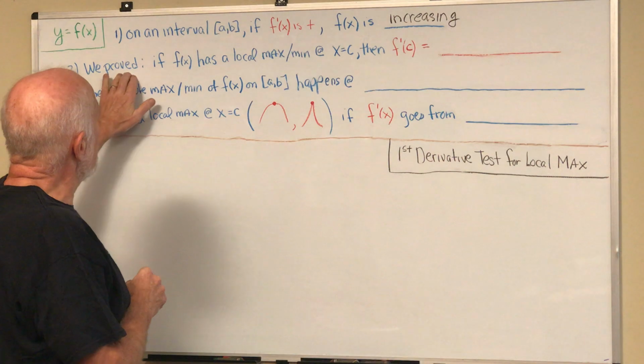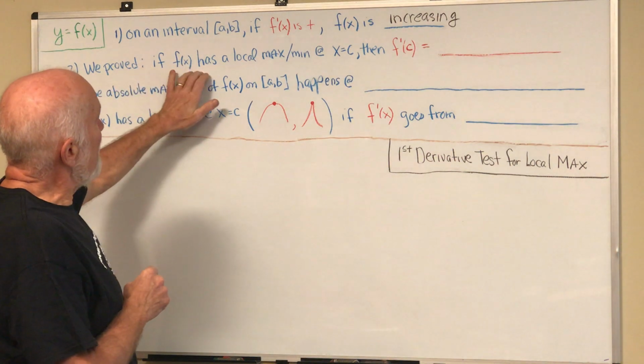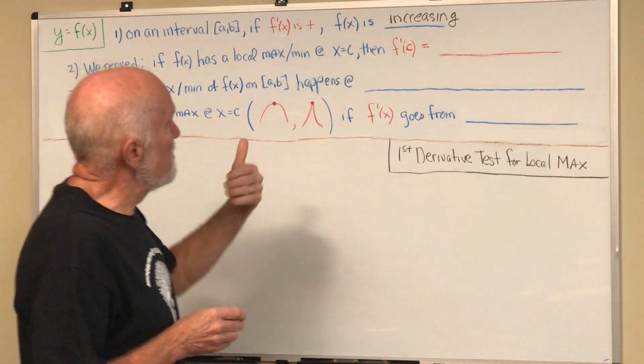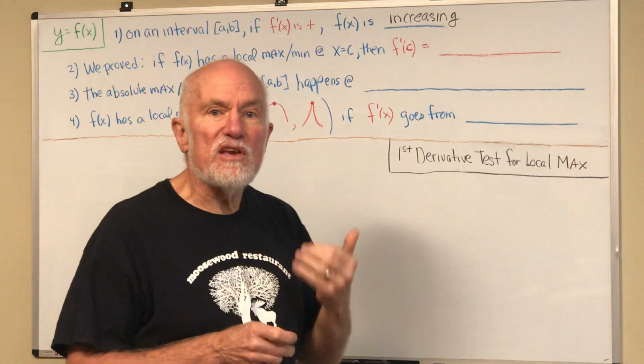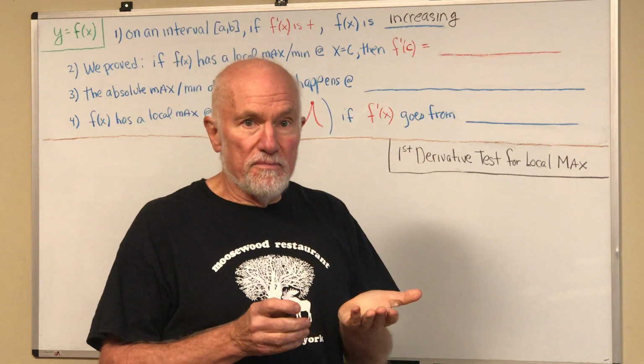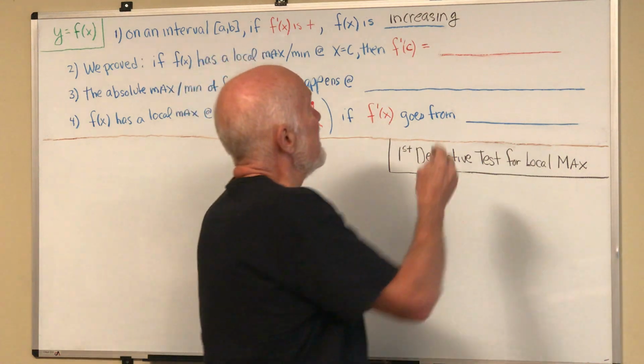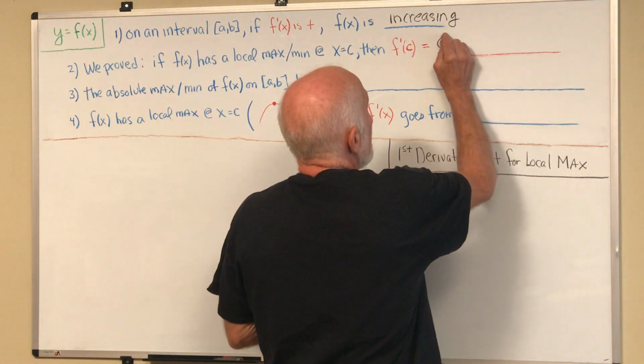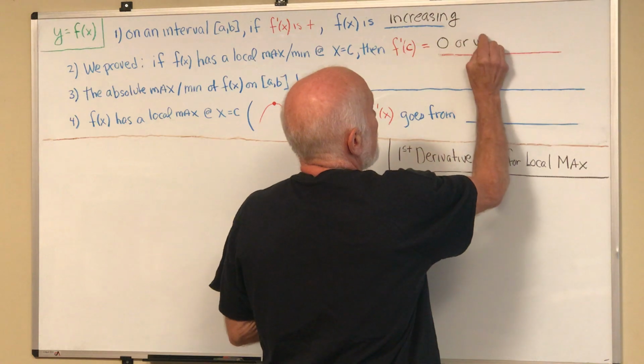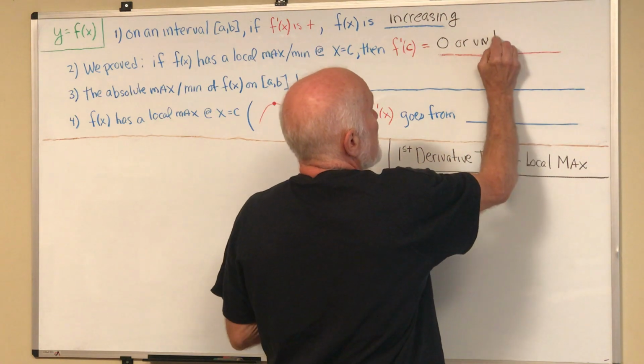Then we proved that if f of x has a local maximum or minimum at some point x equals c, then one or two things has to be the case: f prime of c equals 0, or f prime of c is undefined.